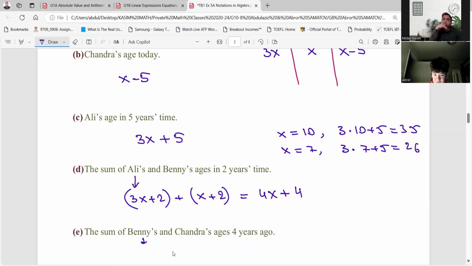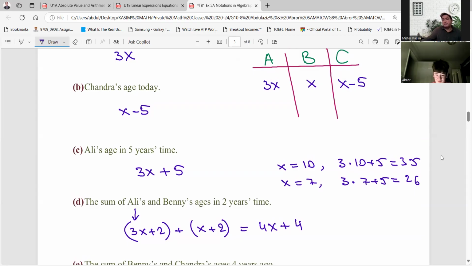How did you find that? You found that you were 10 years old 4 years ago by subtracting, right? From your current age minus 4. So now, Benny, how old is she now? How old is Benny right now? Look at the table.